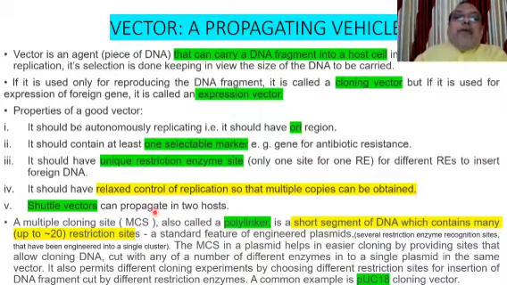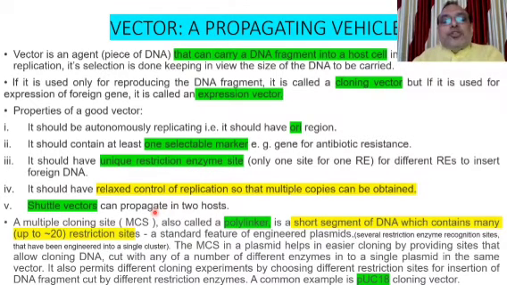Similarly, it should have a selectable marker of the bacterium. Say, for example, if it is pBR322, then it should have ampicillin resistance as well as tetracycline resistance. Similarly, for yeast, it should have a uracil marker so that it could be identified easily there too.